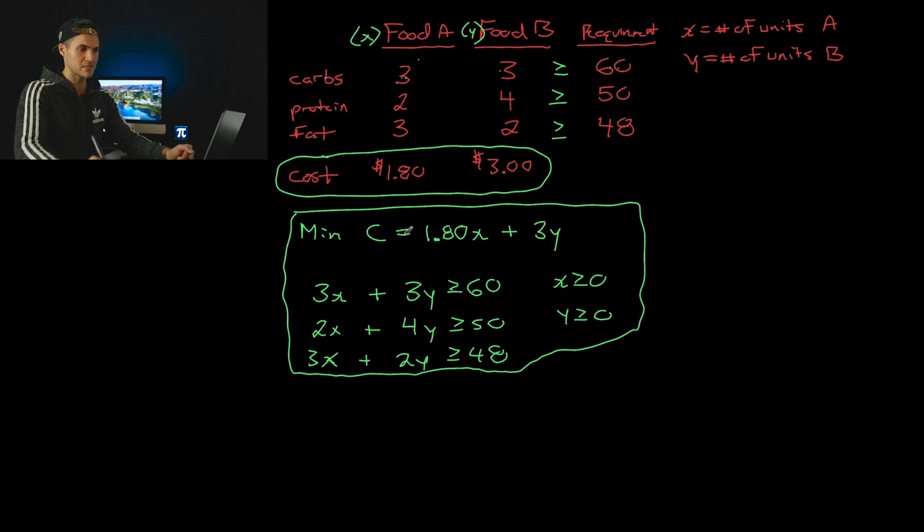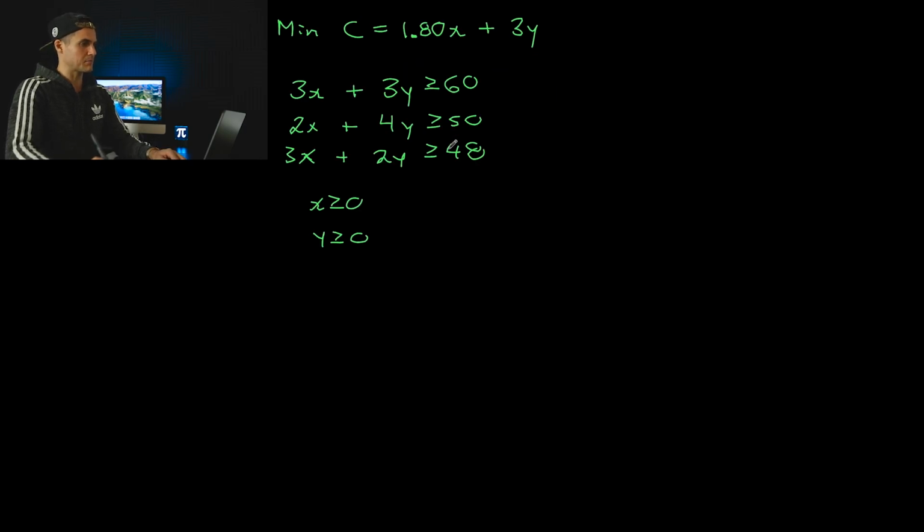So this is our minimizing function, trying to minimize the costs. These are our constraints, and they have to be greater than or equal to, because that was the minimum requirement for the diet.